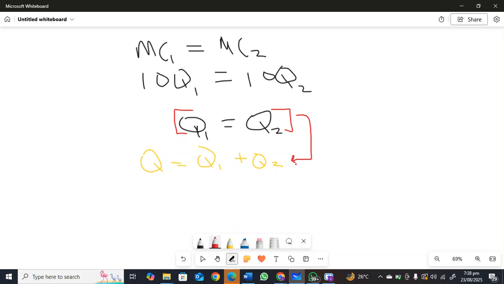So if we want, we can substitute Q1 with Q2, or we can substitute Q2 with Q1, either way. So let's substitute Q2 with Q1.